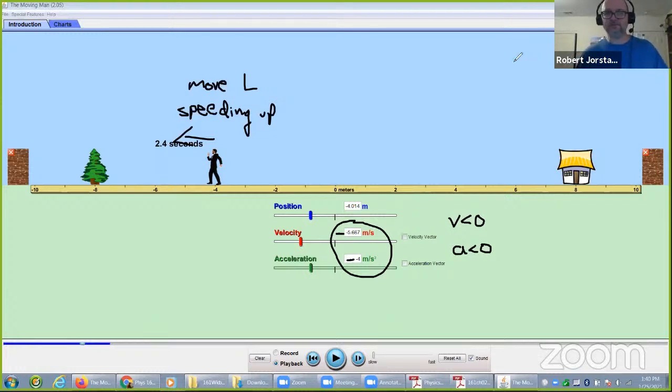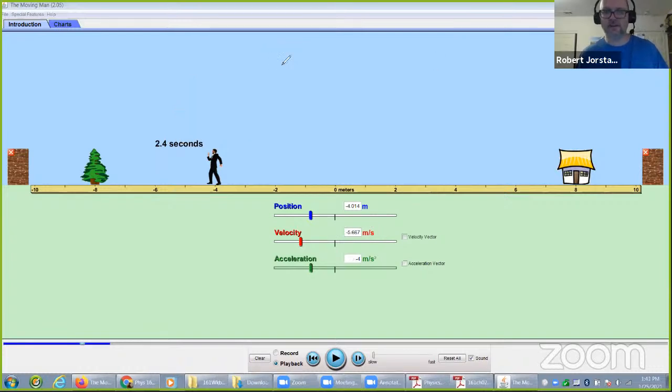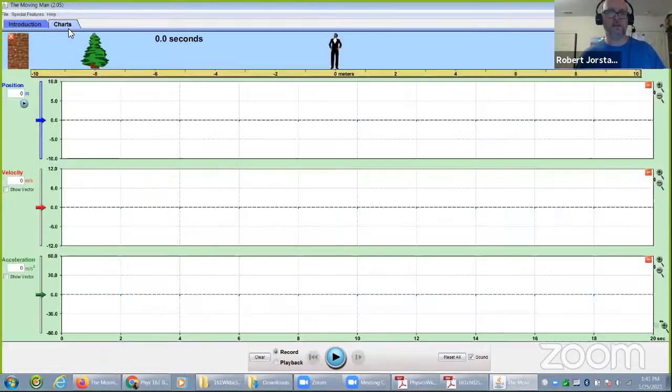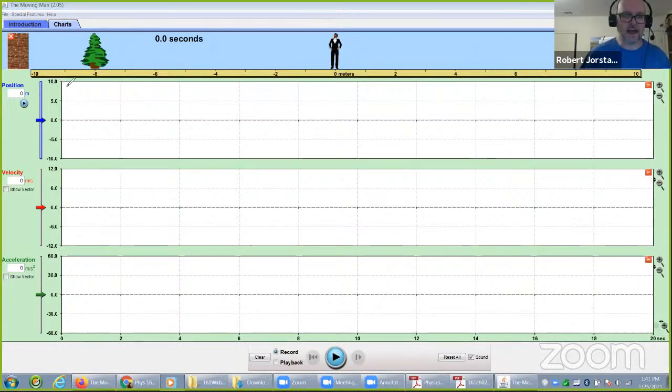Okay. Now, if we really want to understand this, let's go over here. Sorry, Zoom's hiding stuff. I got to move things around a little bit. These are going to be the plots. So notice here, this is X. The next one down here, this is velocity.